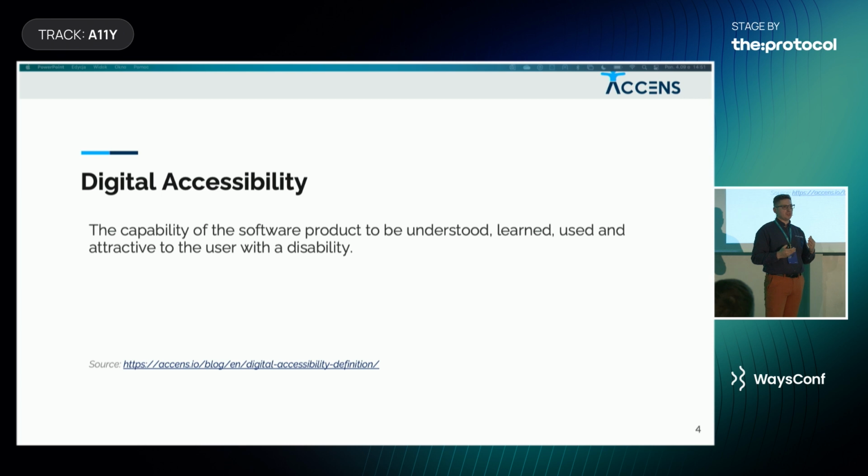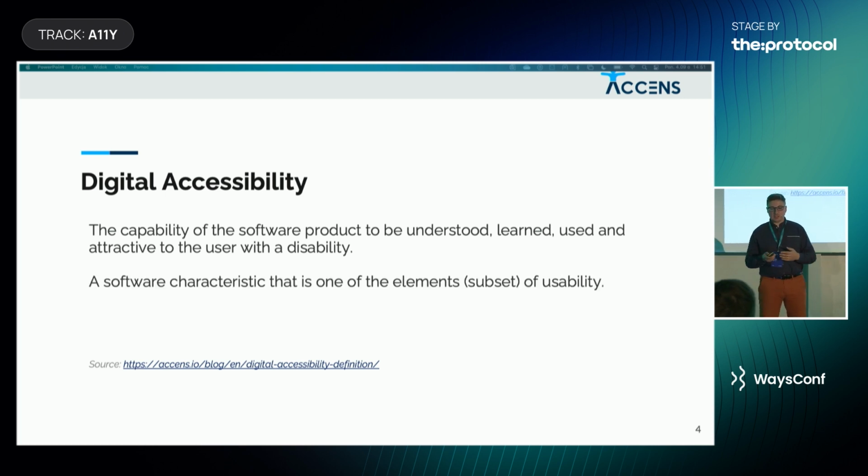Because we are focusing on people with disabilities, this is why we pick it up in this definition, and that's why we call it a part of the whole usability definition. So digital accessibility is taking care of people with disabilities, and usability is about all users.